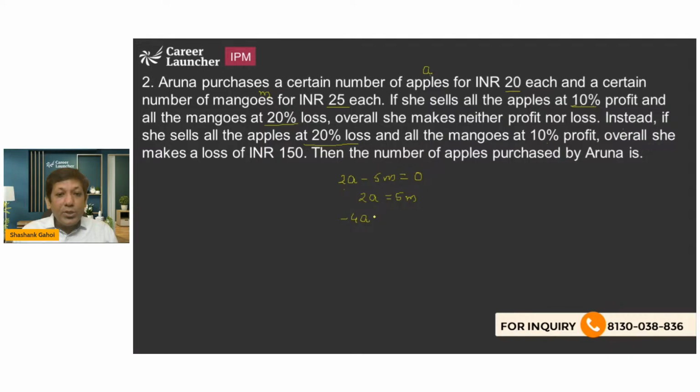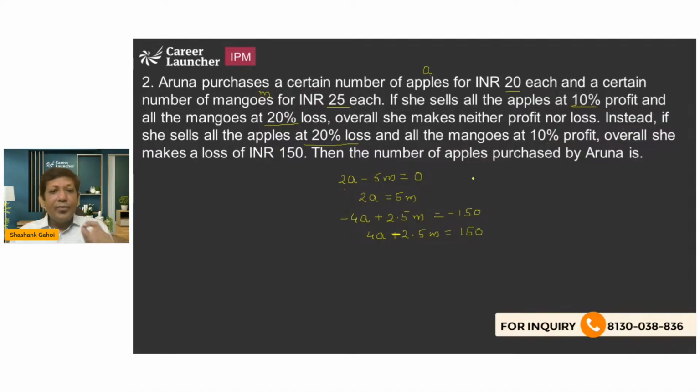So at mango, her profit is going to be 2.5, and that is equal to 2.5M. And in that case, she is losing money. And how much? That is going to be minus 150, because she is losing that money. So I am going to get equation that is equal to 4A plus 2.5M, and that is equal to, sorry, that is going to be minus, and that is equal to 150.